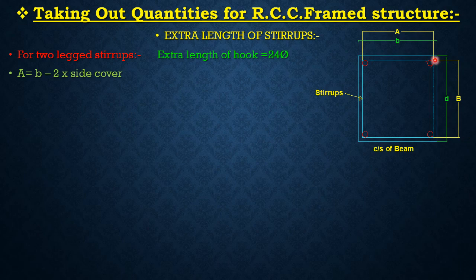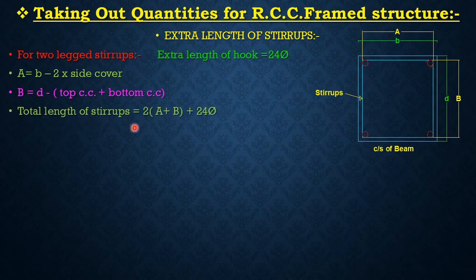After deducting the concrete cover we get A. So B minus 2 into side cover, this and this, we get A. Then we need to calculate B. This is B. So D minus top cover and bottom cover, we get the value of B. So length of stirrup in the Y direction, after deducting the concrete cover we get B.